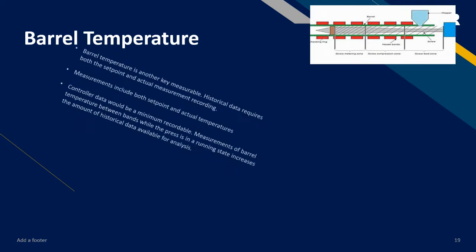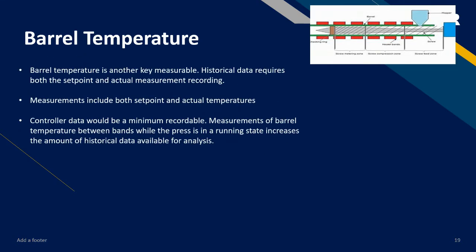Next, we have barrel temperature. Barrel temperature is another key measurable. Historical data requires both the set point and actual measurement recording. The reason for including both set point and actual is that if there are fluctuations, there's a difference between the set point and actual. You should have that recorded on your process setup sheet.